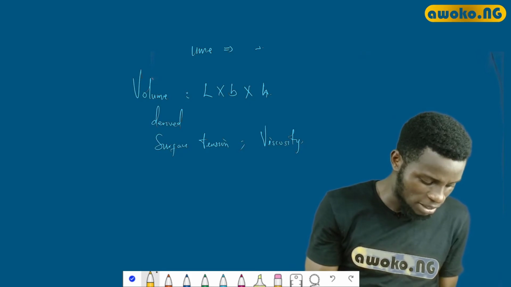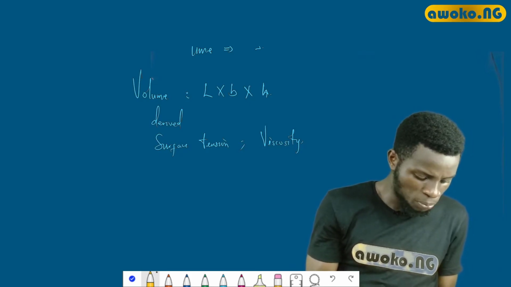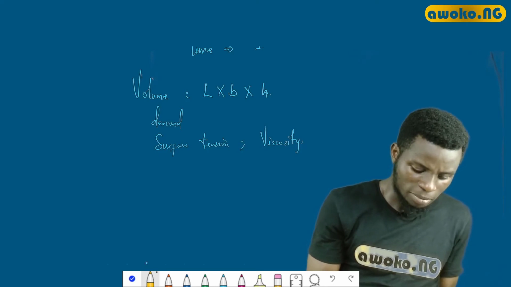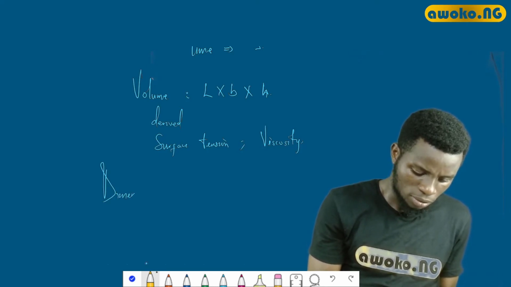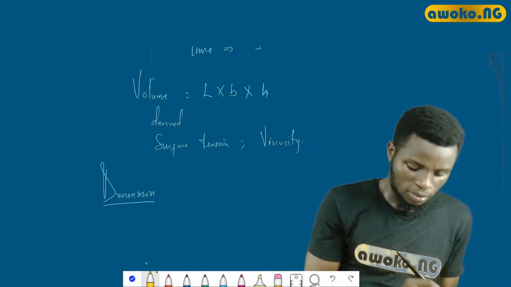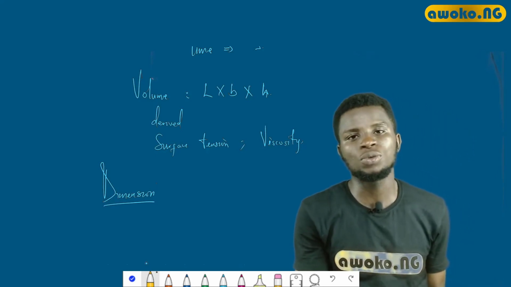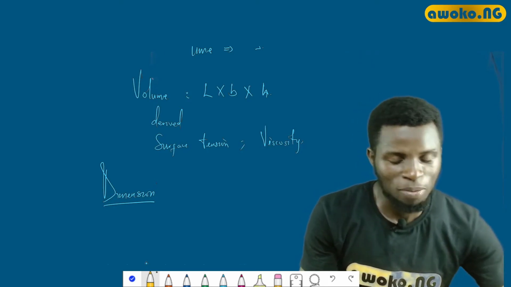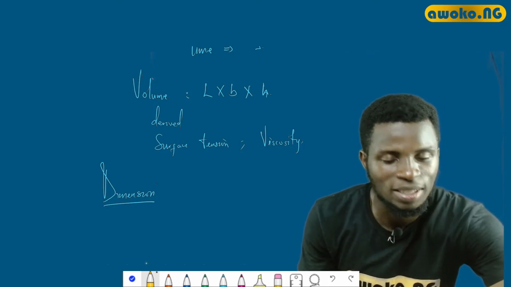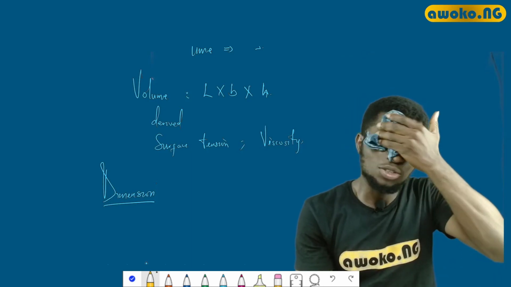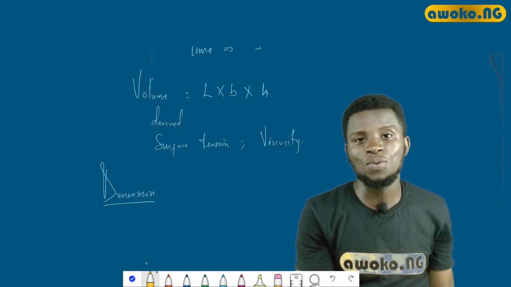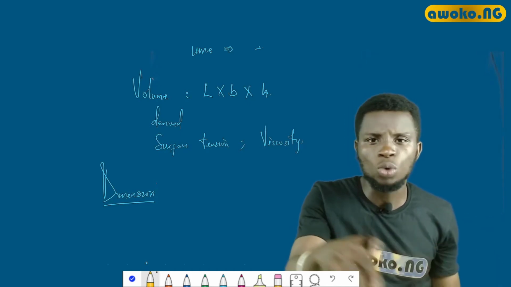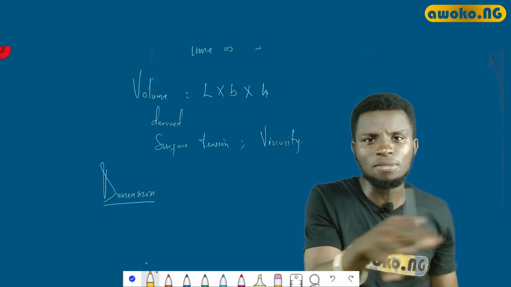Okay, having said that, I would like us to discuss the concept of dimension. If you're close to a contractor, or probably your dad or your mom is an engineer, I'm sure you'll be familiar with the word dimension. The dimension of this room is 12 by 15 meters. Do you understand?